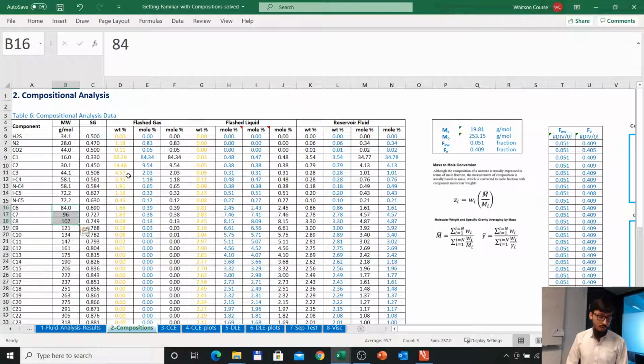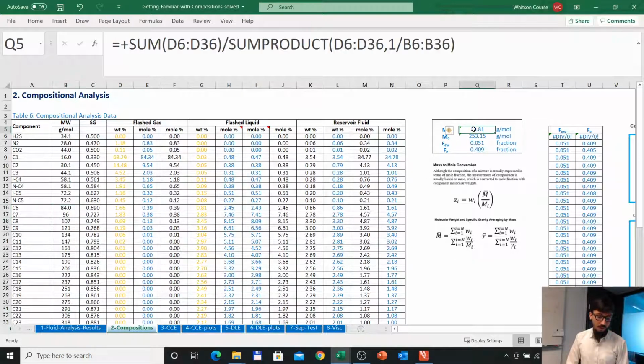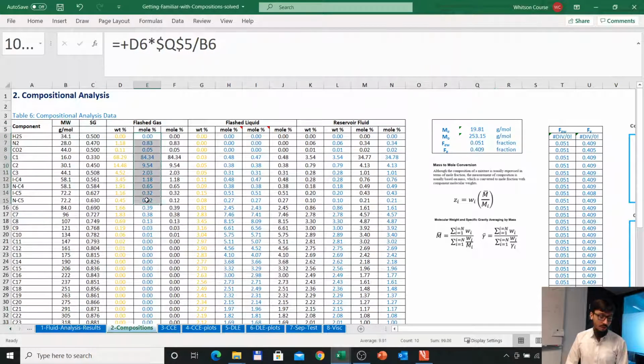So the gas molecular weight calculated from this equation should be an okay number. And then these calculated mole percent compositions should also be okay. So for flash gas, it doesn't really matter what the lab is measuring, whether mass or moles, because we know that the conversion should be accurate.